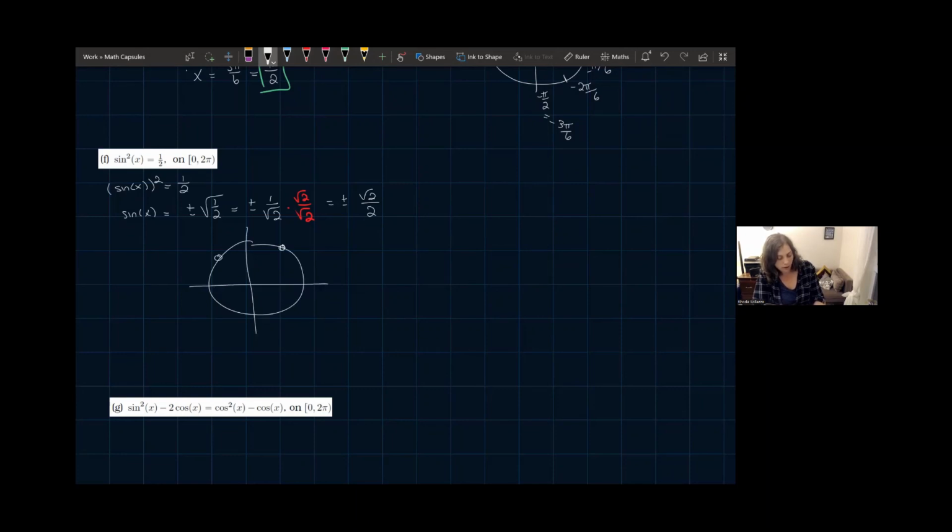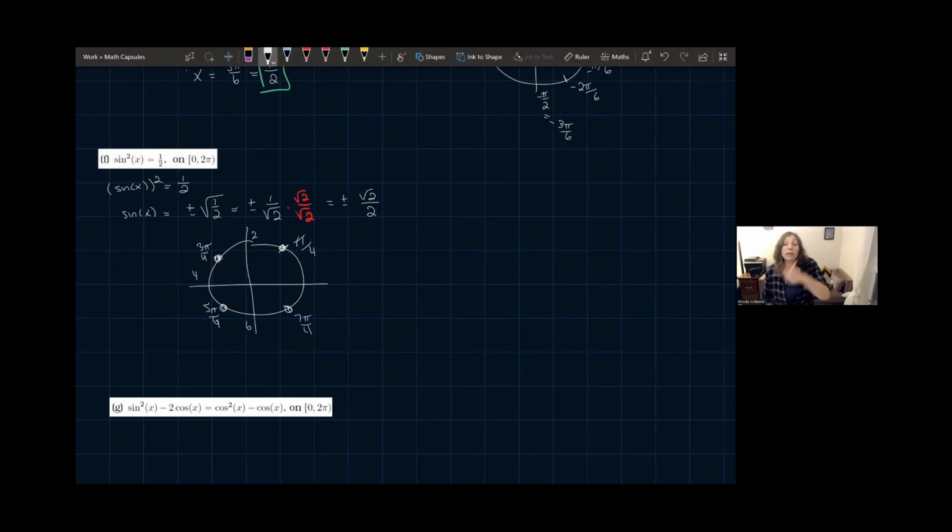We know that they occur in these 4 positions. And we want y, sine, to be equal to either root 2 over 2 or negative root 2 over 2. Well, that's all 4 of these spots. Since it's allowed to be both positive and negative, we'll take the ones above the x-axis and below. So that would happen at pi on 4, 3 pi on 4, 5 pi on 4, and 7 pi on 4.